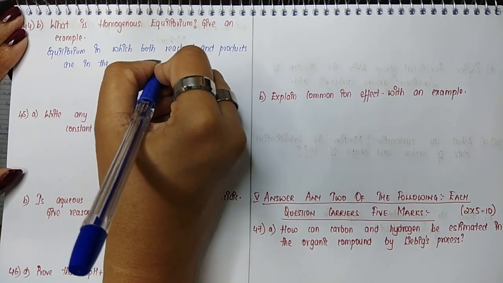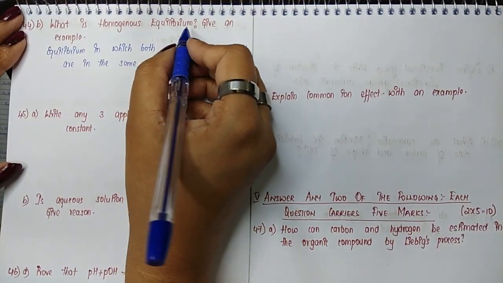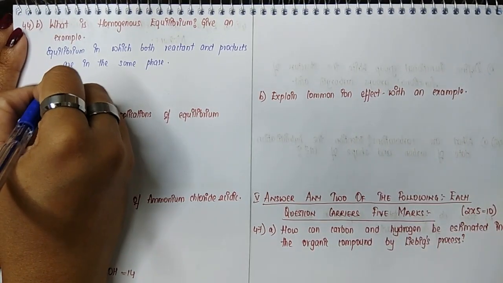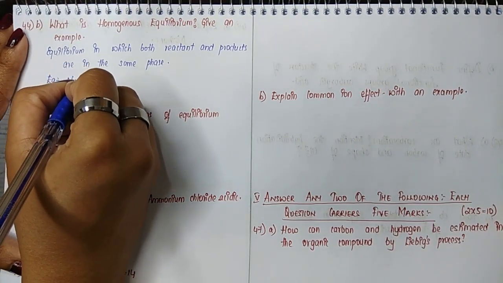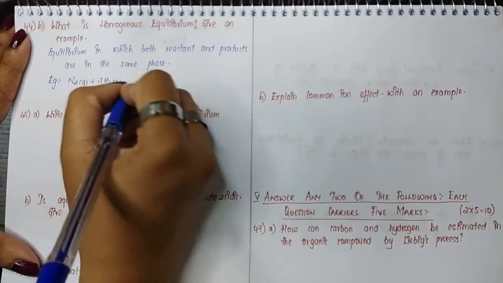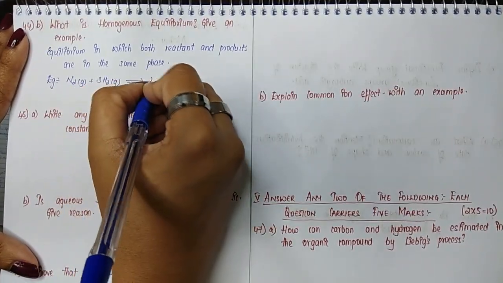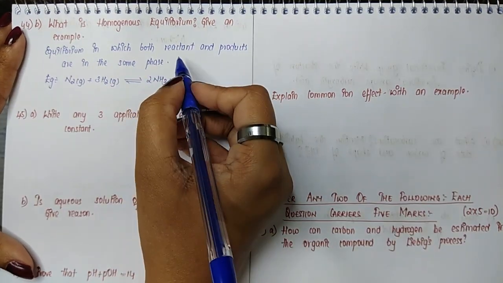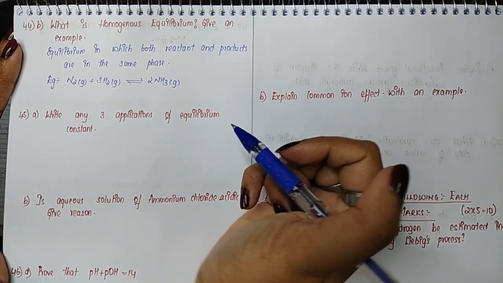Such kind of equilibriums are called homogeneous equilibrium. Now an example for that can be Haber's process, where hydrogen, nitrogen and ammonia all are in the gas phase. So it's a 2-mark question, 1-mark definition, 1-mark equation.